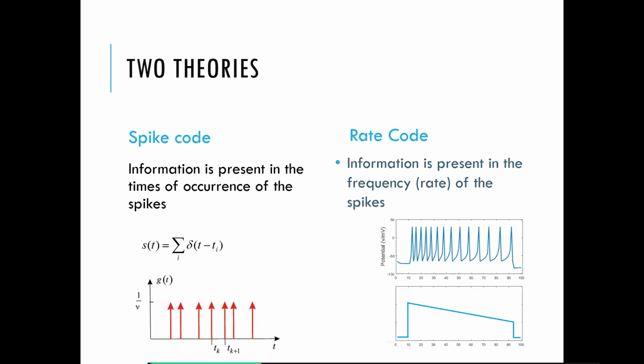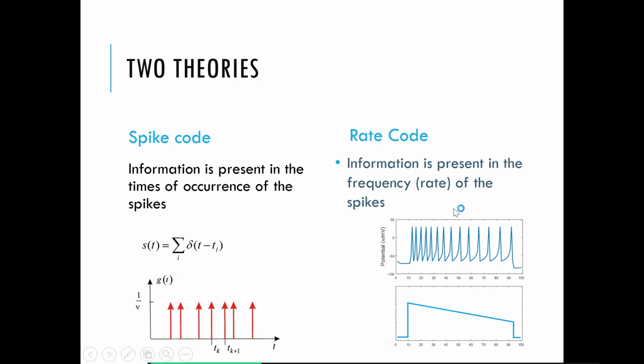The other approach is: don't worry about the exact times of spikes. Just look at the spike frequency. That means a local time frequency, calculated only in a small time window. Then see how it varies. That gives you a continuous variable of frequency, and this is called a rate code.